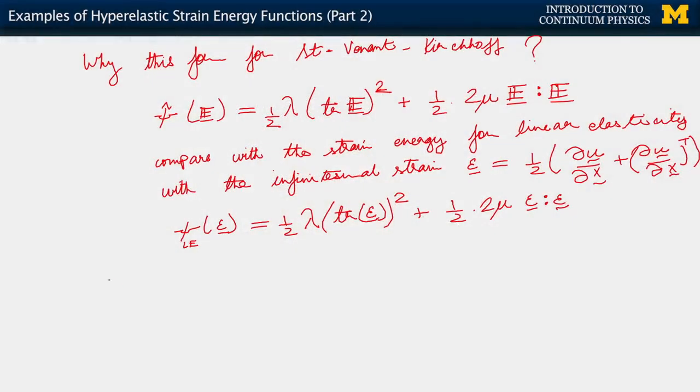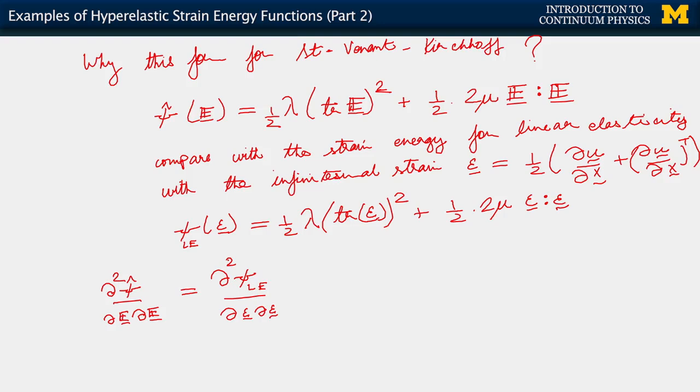And also what follows is that if you compute the elasticity tangent, as the second derivative of psi hat with respect to E, it is the same as computing the tangent of psi LE with respect to epsilon.